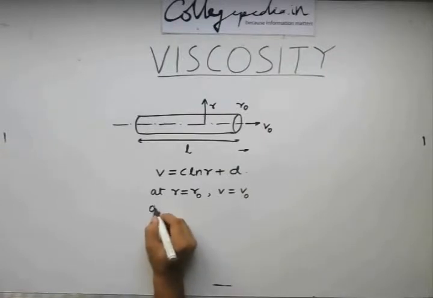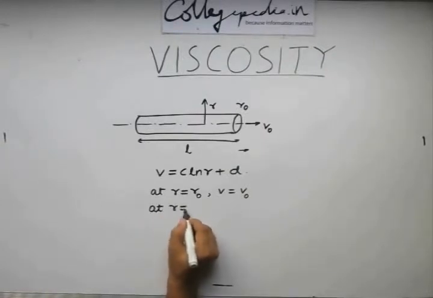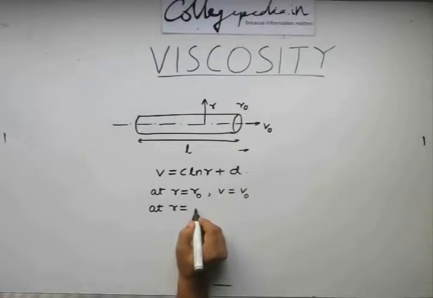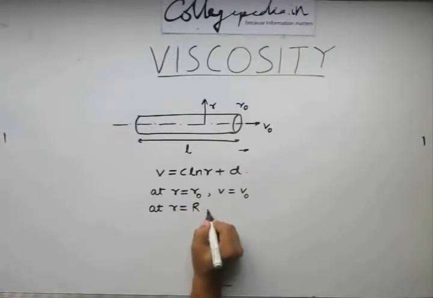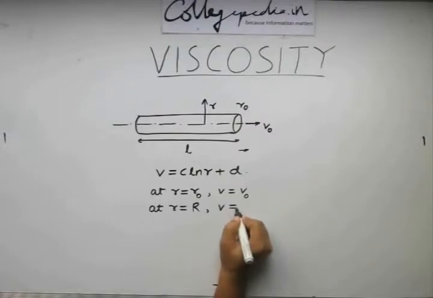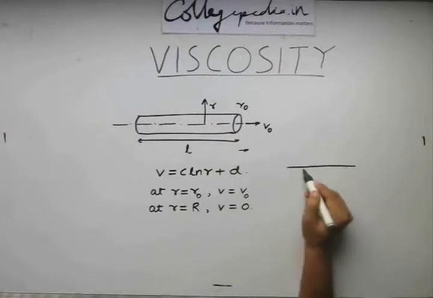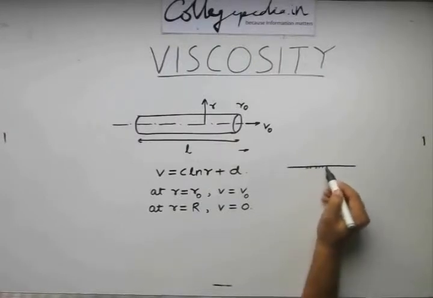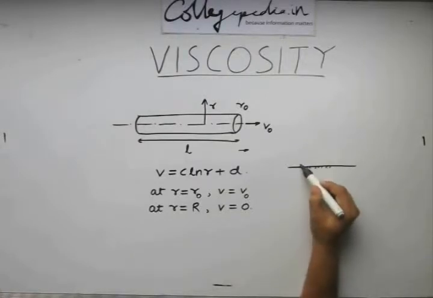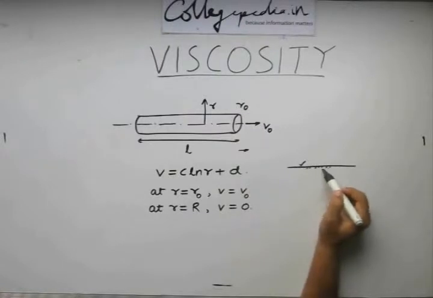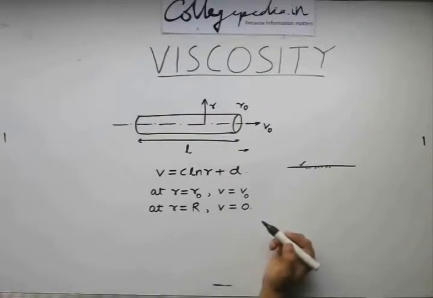We also know at r equal to, we considered the entire cylinder radius as capital R, the pipe radius. So at r equal to capital R, we will be having v equal to 0. This comes from the fact that at the pipe periphery, there is going to be no motion of the fluid layer. That is because of the fact that this pipe is static. This pipe itself is not moving. So this is going to be our situation.